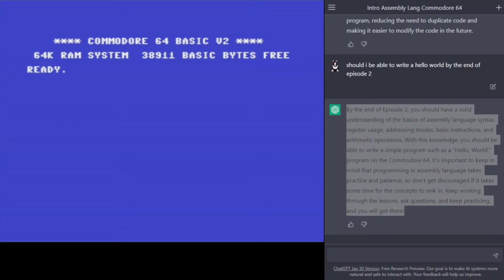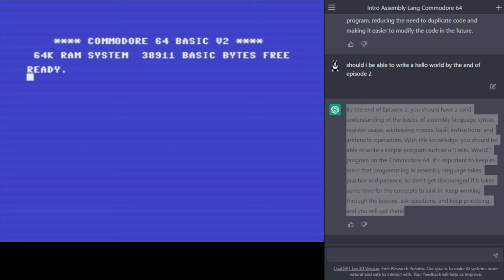Okay, so I'm trying to think, do we actually have enough information? She says that we should. And fundamentally, I understand enough of the concepts that I could theory craft what this program would look like.